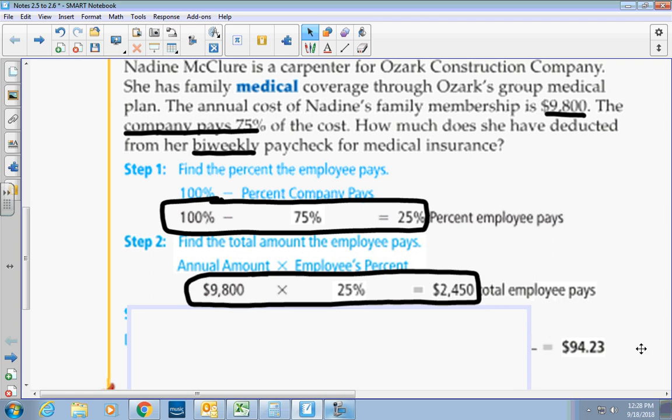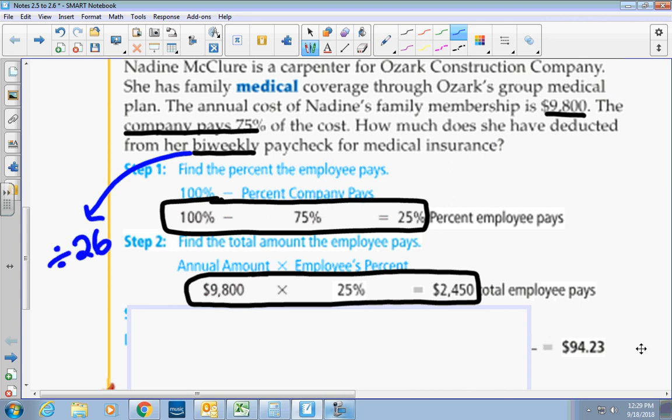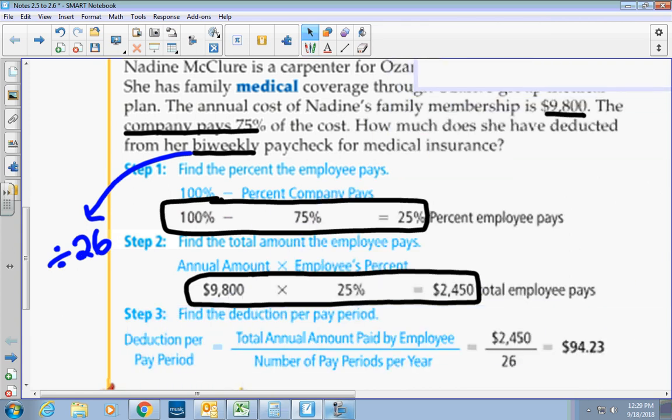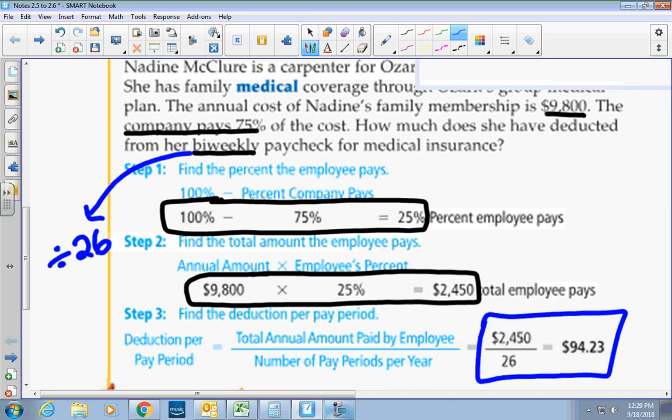So we're going to have to take the bi-weekly, which is 26. We're going to divide our 2,450 by the 26. So 2,450 divided by 26. So the real answer is $94.23.